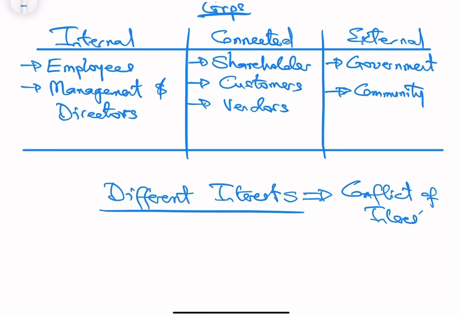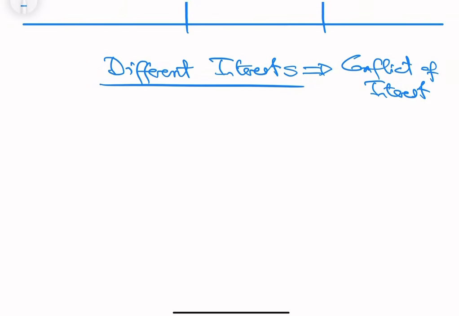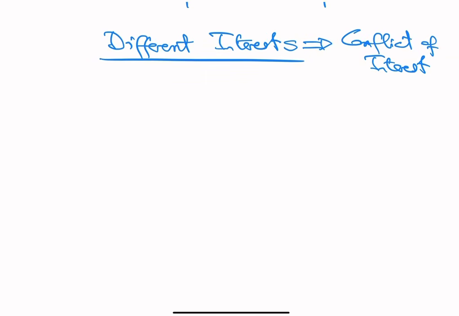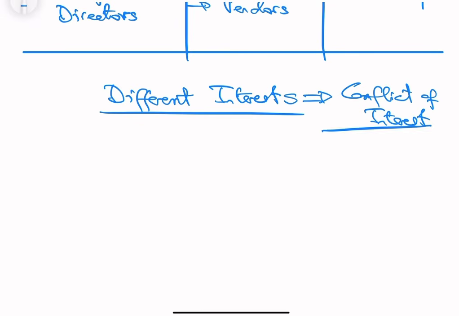Because sometimes what you want will be harmful to me, and what I want might be harmful to you. And because this is a real problem, you as a finance manager, you cannot totally switch off from that reality.